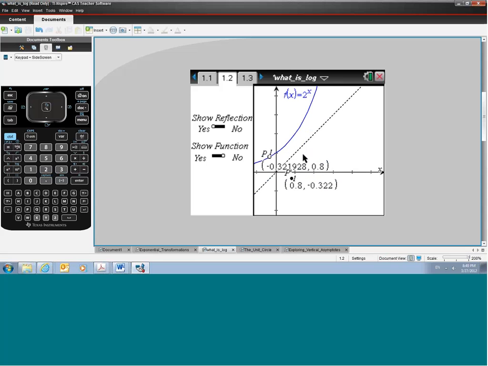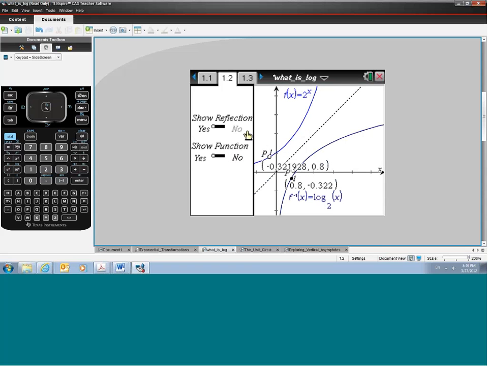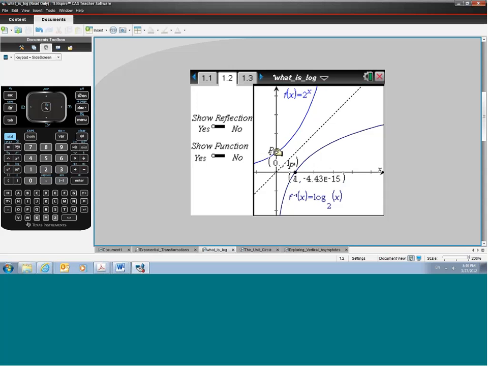I can also use this slider and show the actual function that the reflected point would be on. And that's where we see, oh, here's that log. In order to get the function that point P prime follows, I need the log function.